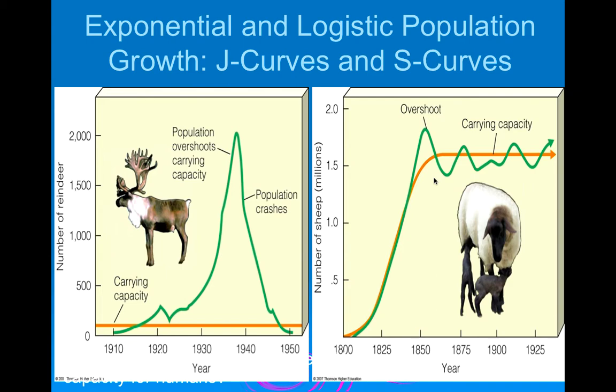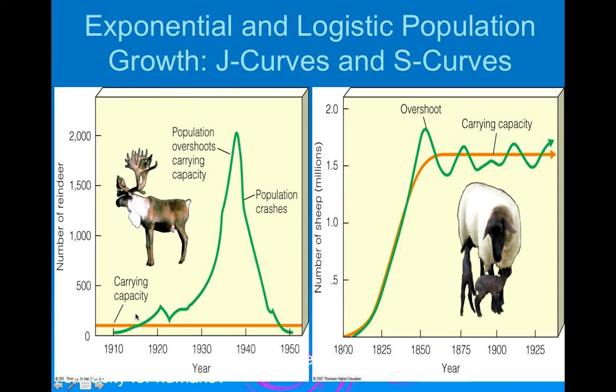So what happens if I don't actually level off after I've hit my carrying capacity? We can have a population overshoot. So here our carrying capacity is this orange line down here, but something has happened to where our caribou or our deer population can continue skyrocketing.